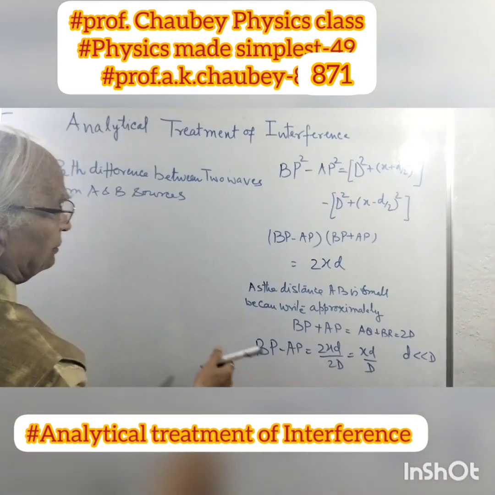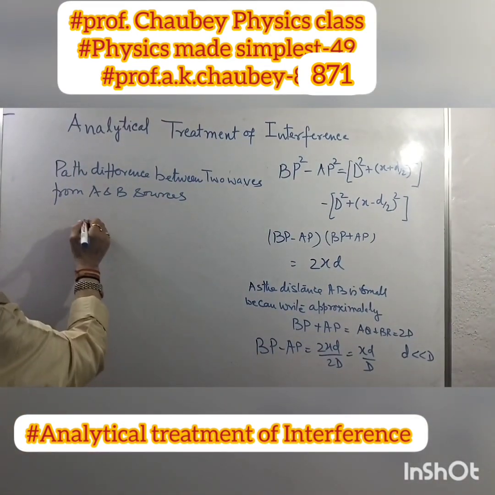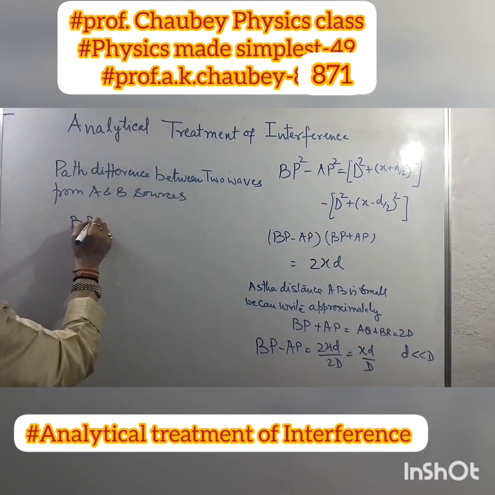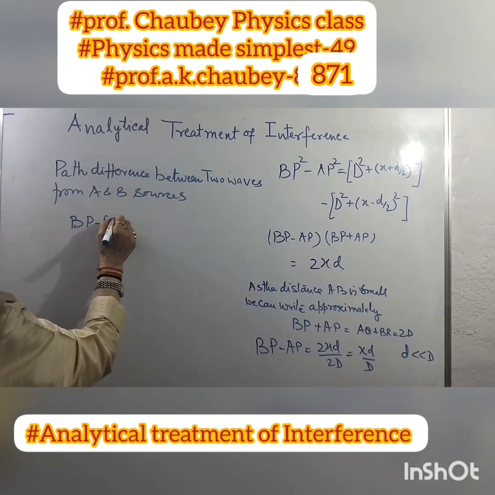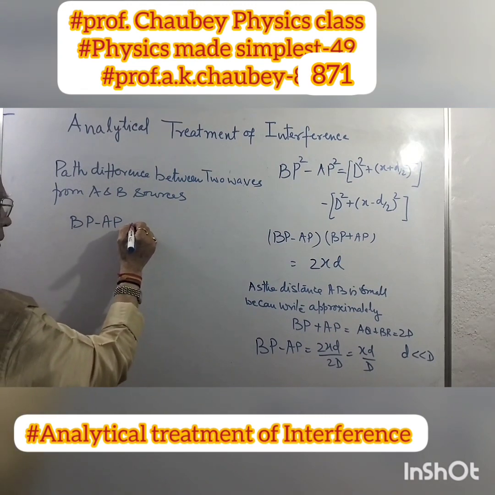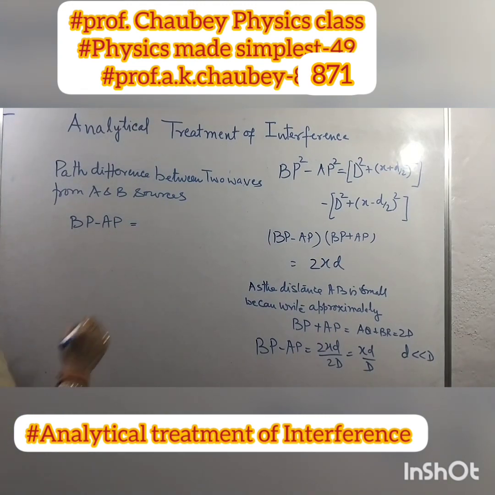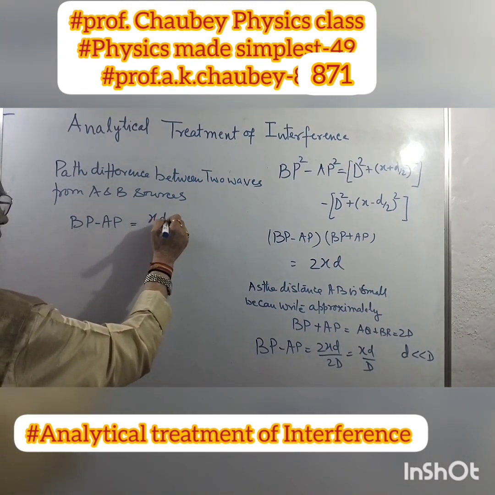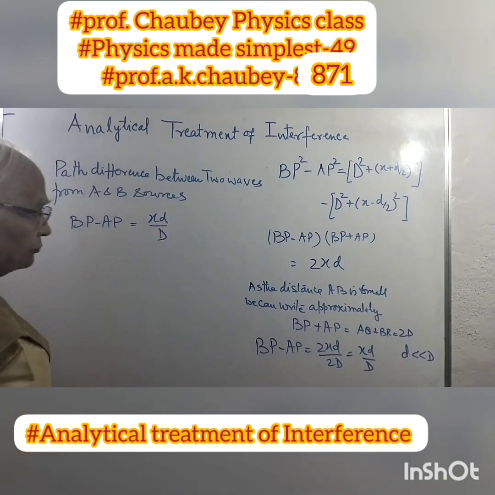So path difference is this, BP minus AP, which is xd divided by capital D.